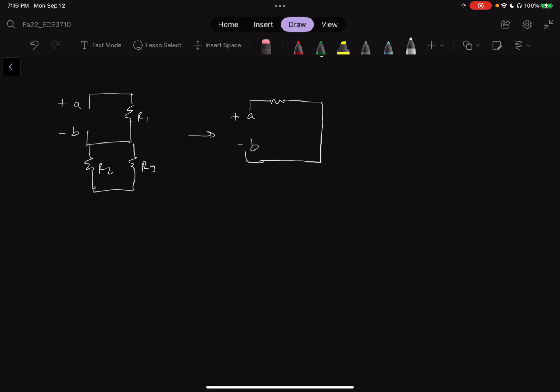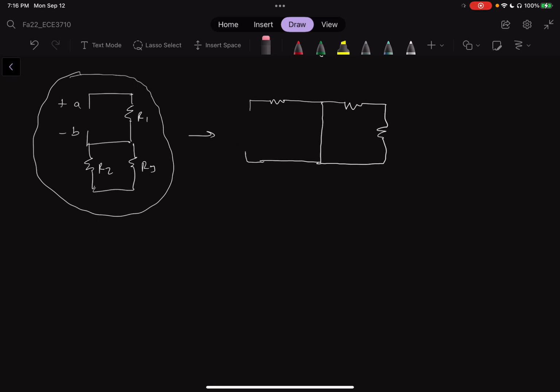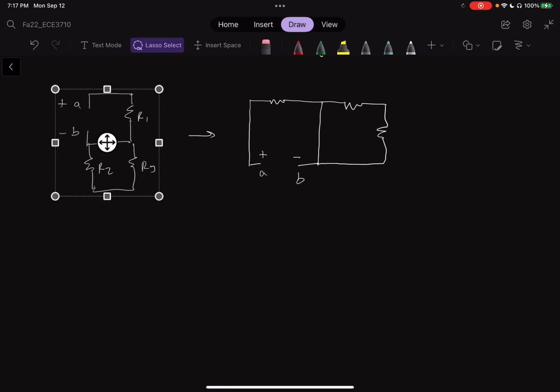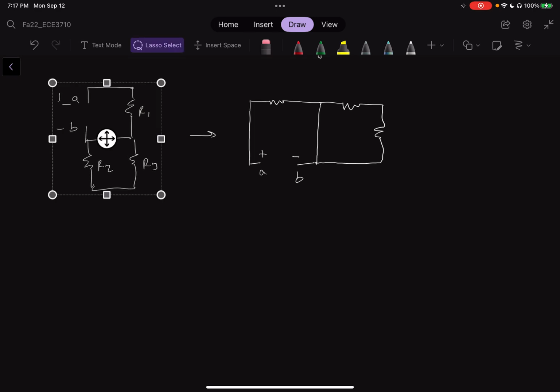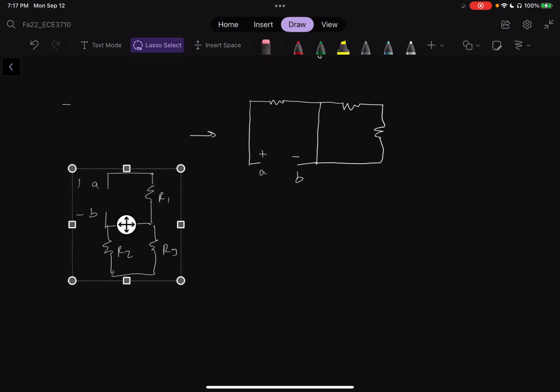Imagine we're taking this circuit and rotating it to the left, counterclockwise by 90 degrees. That's what I'm trying to do here.